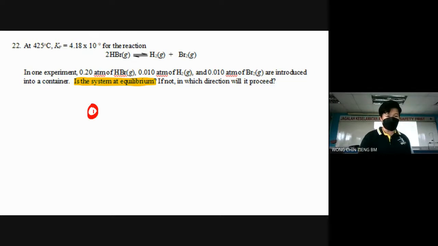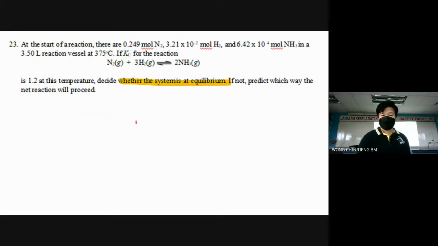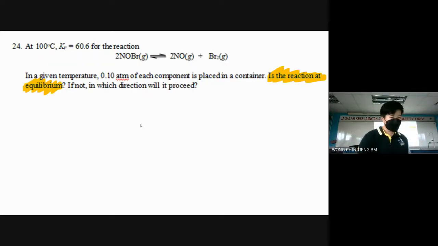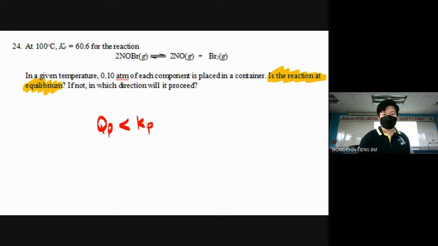Q or QC or QP? More than. Okay. Calculate this one? QC or QP? QC less than. Okay. Any more? Agree? None, right? Okay.